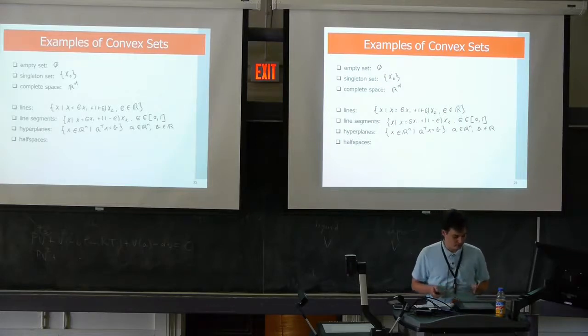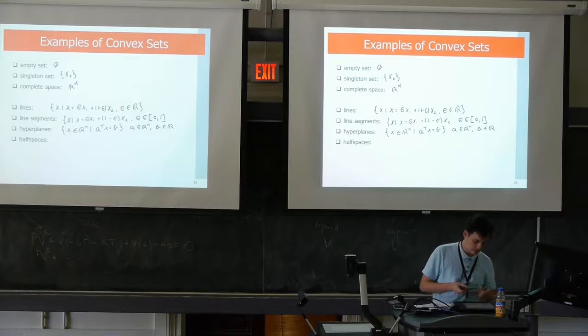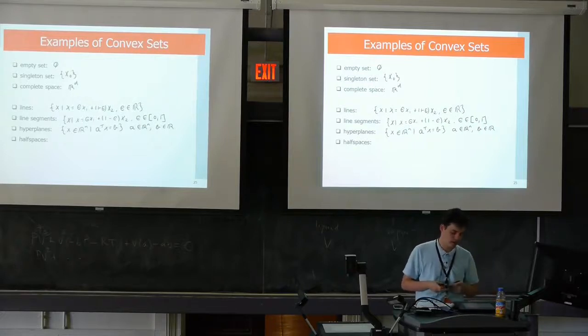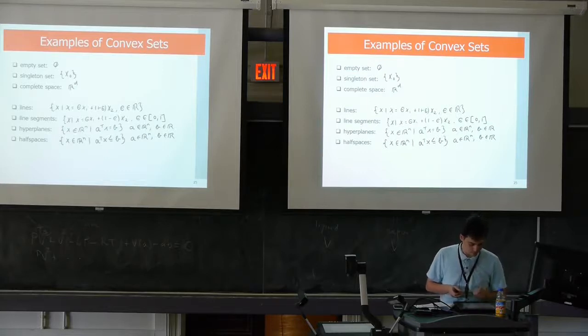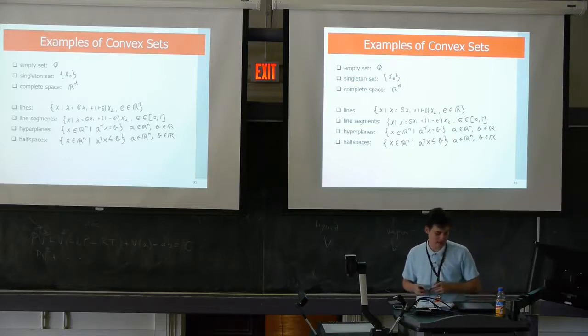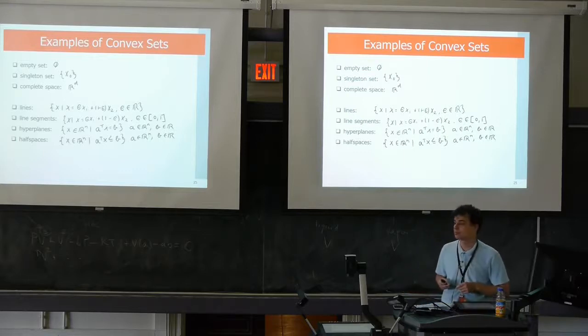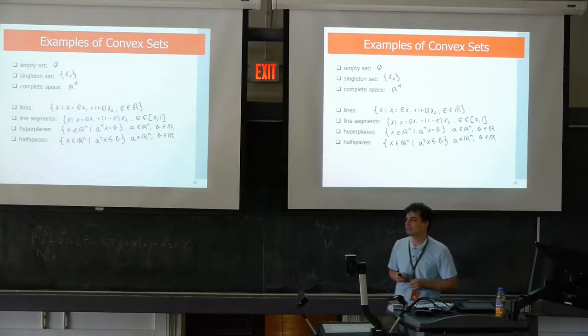Hyperplanes are defined as those x vectors in an n-dimensional space with which A transpose x equals B for some n-dimensional vector A and real number B. They are convex, and half spaces are convex as well. Half spaces are defined with this equation: those x points in the n-dimensional space where A transpose x is not bigger than B. Any question about these definitions?